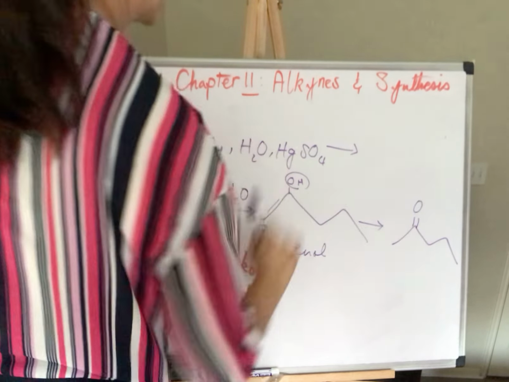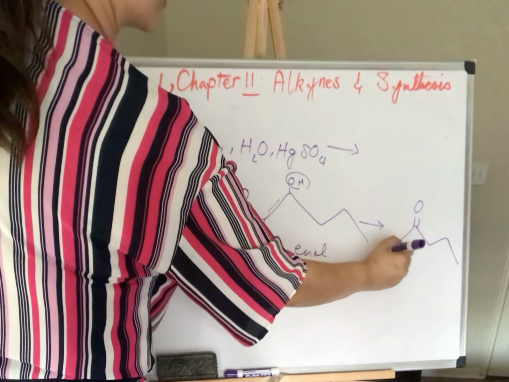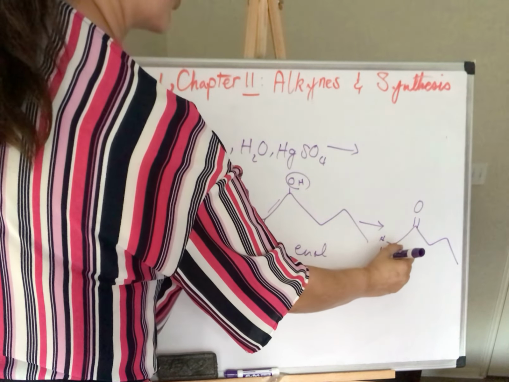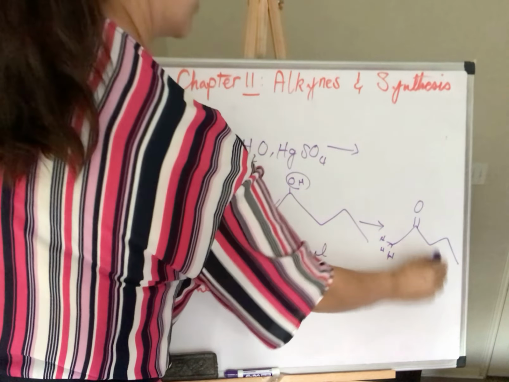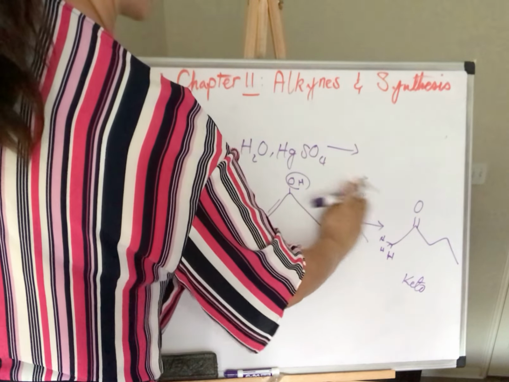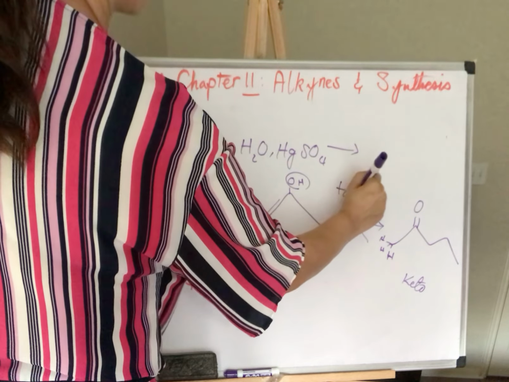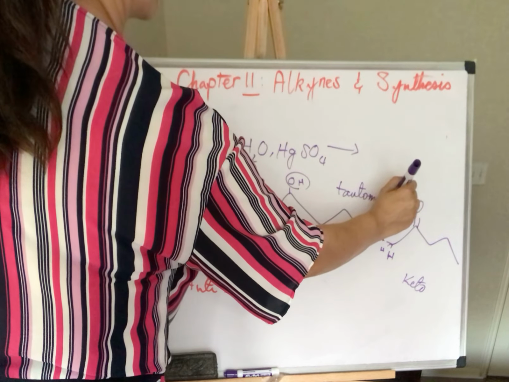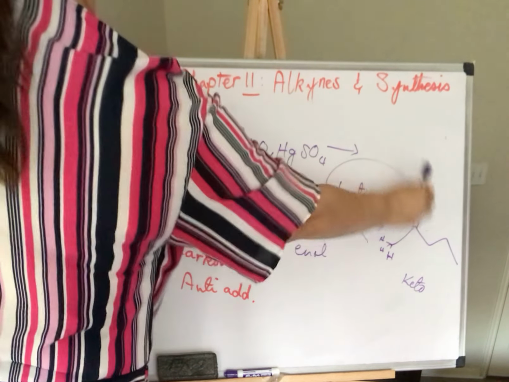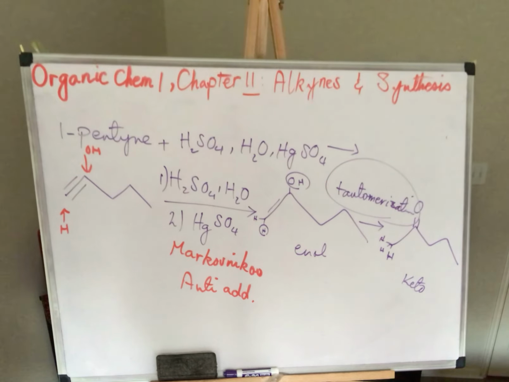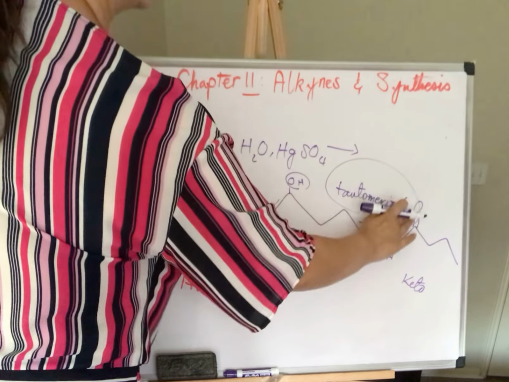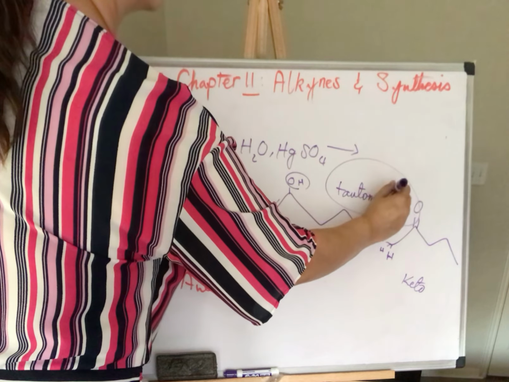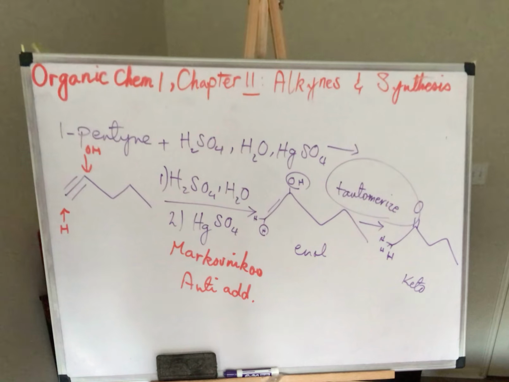So the last thing I need to mention is that the process of changing enol to keto is called tautomerization. And it's essential to know its name. Please don't forget. It tautomerizes to keto from enol. So tautomerization is for changing enol to keto form.